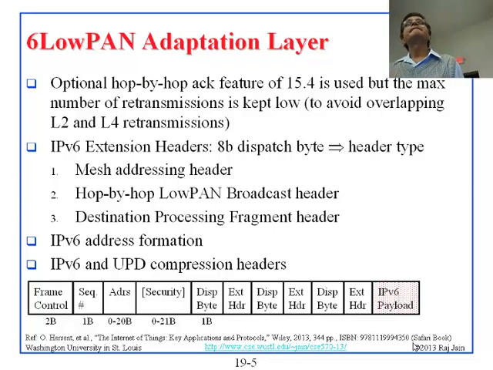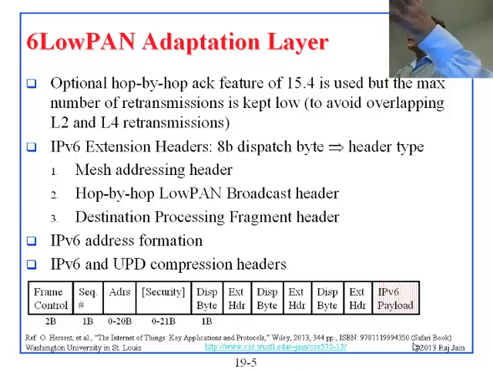The headers are considered like the adaptation layer. So what happens is you get an IPv6 packet. IPv6 has its own headers and the payload. This is the payload part.